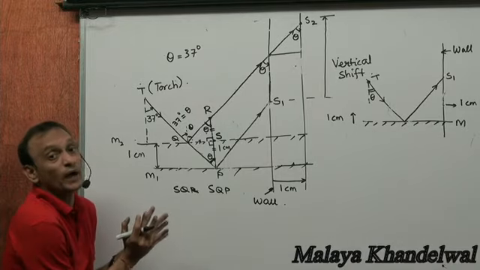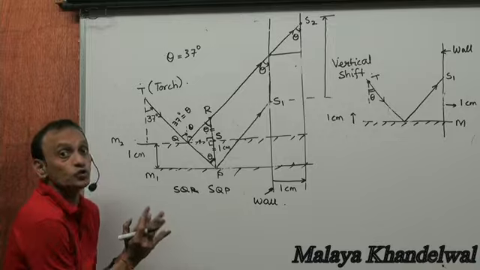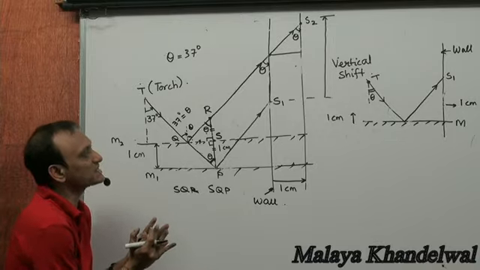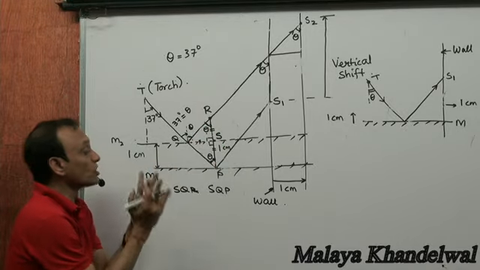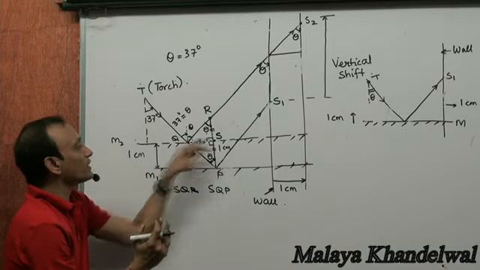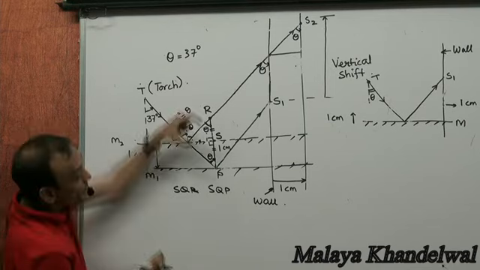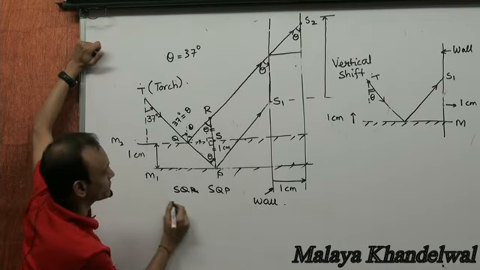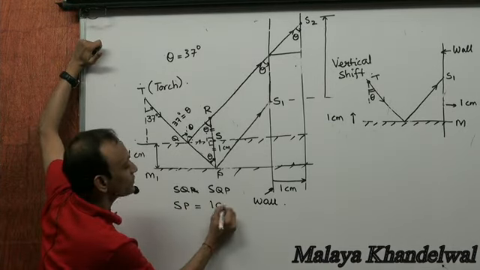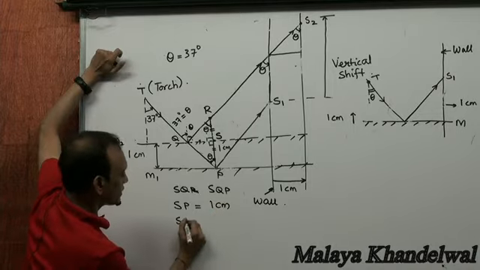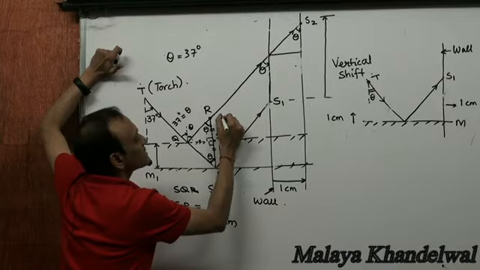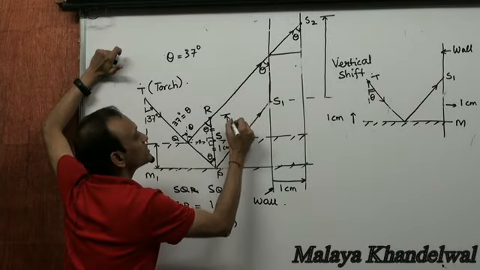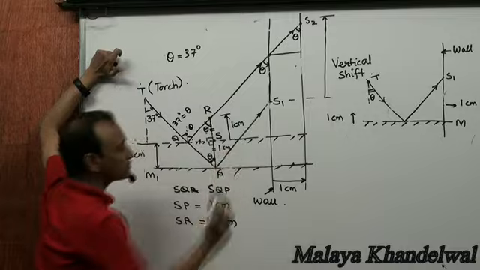So very clearly 2 angles and 1 side, so AAS condition: this is the common side, 1 90 degrees, 1 theta. So SQR and SQP are congruent triangles. Therefore, if SP is 1 centimeter, evidently SR will also be 1 centimeter. How about it, right? So SR turns out to be 1 centimeter as well, right?